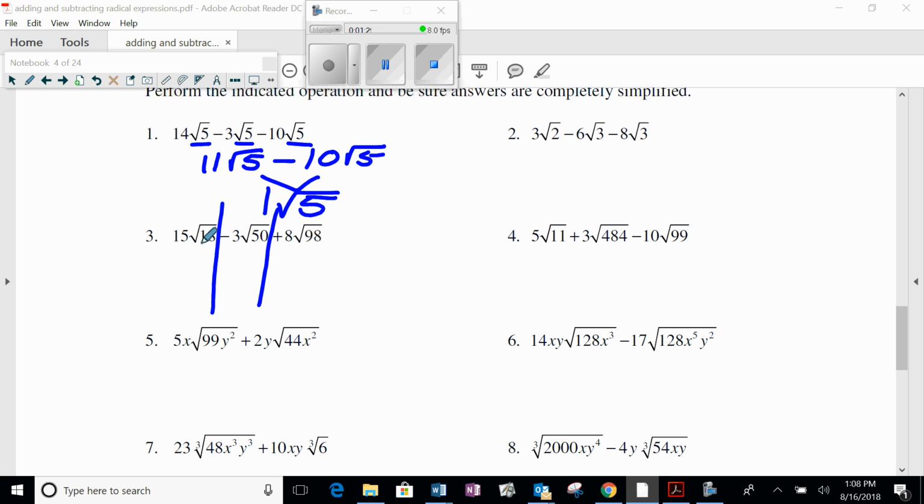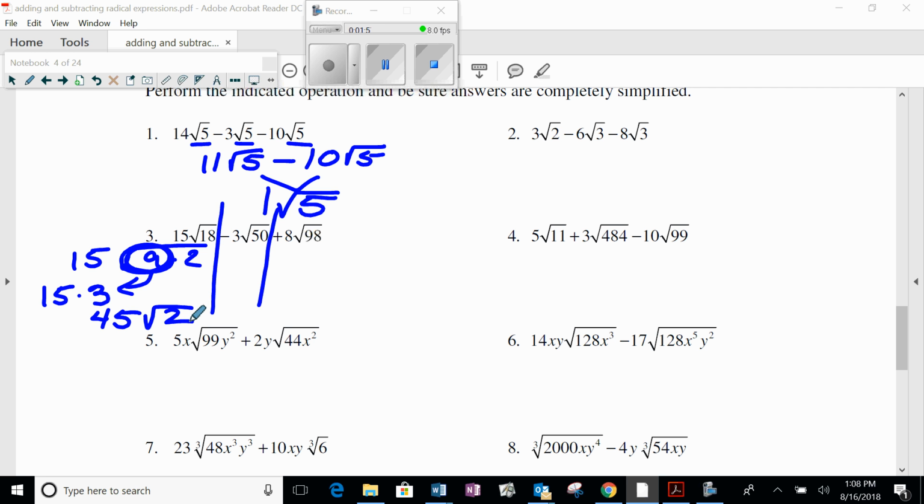So I'm going to simplify the square root of 18 so that I have 15 square roots of 9 times 2, because 9 times 2 multiplies to give you 18. 9 is a perfect square, so it comes outside as a 3, and I have to multiply it by the 15. So I end up with 45 square roots of 2.